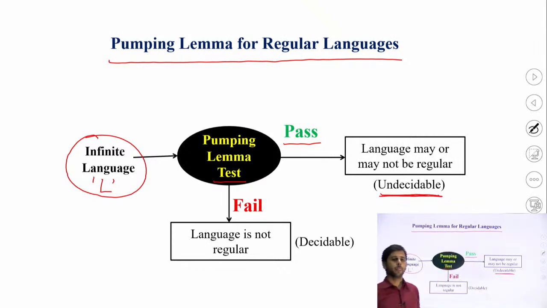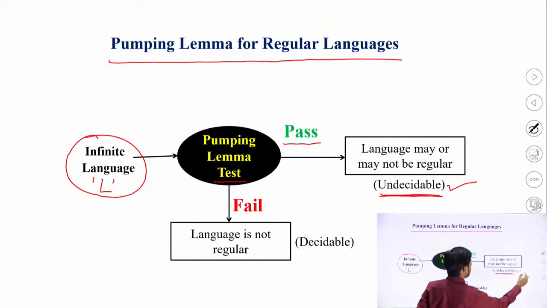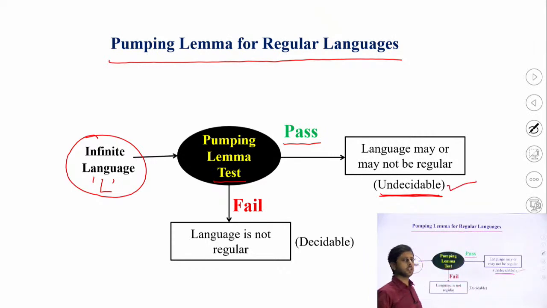Till now there is no algorithm by which we can identify whether a particular language is regular or not. So to find out whether the language is regular or not is undecidable, unsolvable; we can't solve it.